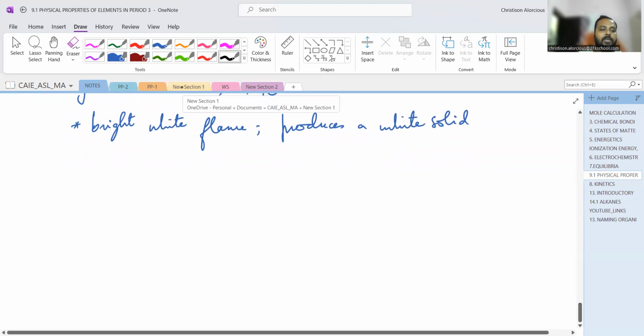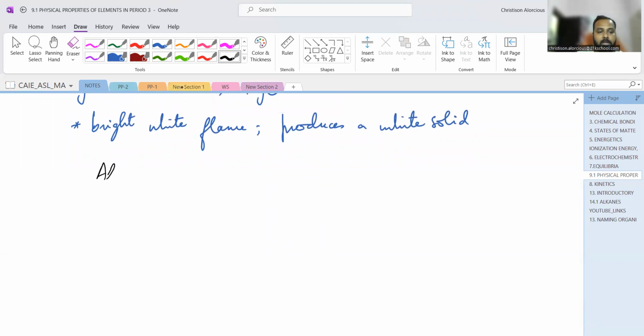The third one is the reaction with aluminium. Aluminium is a slightly tricky case. We can very simply write that aluminium reacts with oxygen to produce aluminium oxide. But if you look at the reactivity of aluminium, it's actually pretty high in the reactivity series.